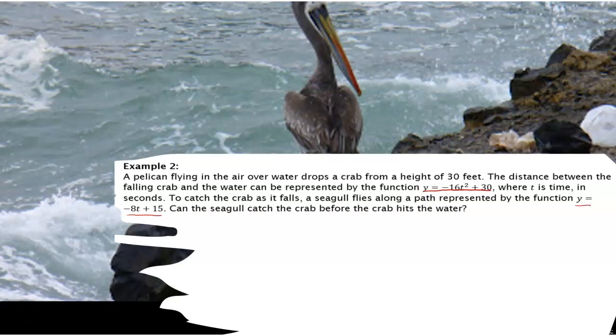We're looking to see when they will both be equal. At what time, what seconds, and how many feet off the ground will they both be at the exact same spot? So to do that, this is solving a system. We can solve the system algebraically.